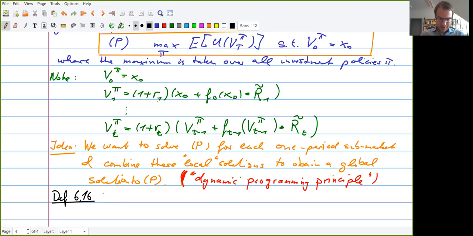So this is definition 6.16. We define J_t, which is a function. J at the terminal time T is just our utility function.